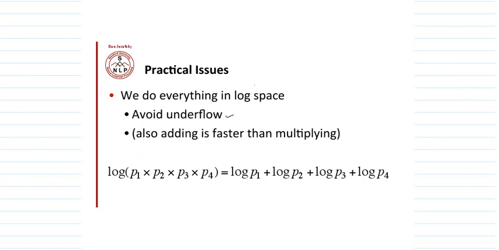And for fast multiplication, we employ the log, so that we don't have to actually multiply. Instead of multiplying, we can just add the log probabilities, right?